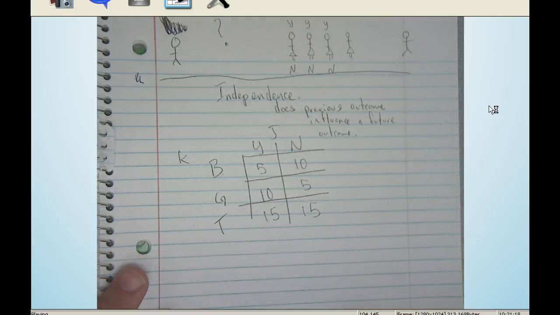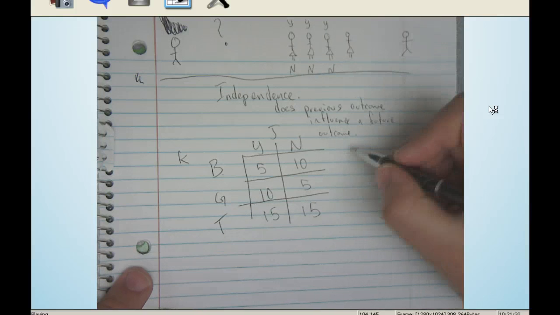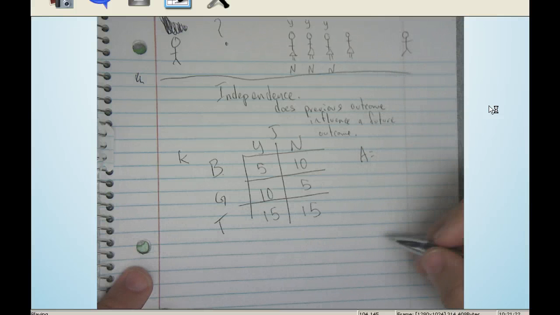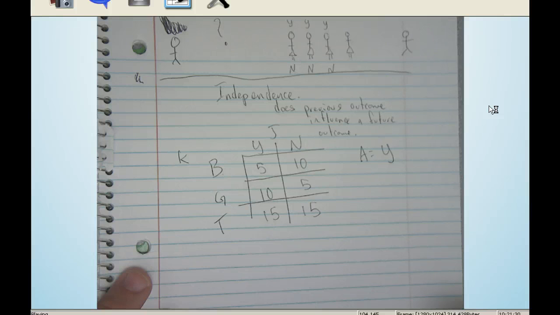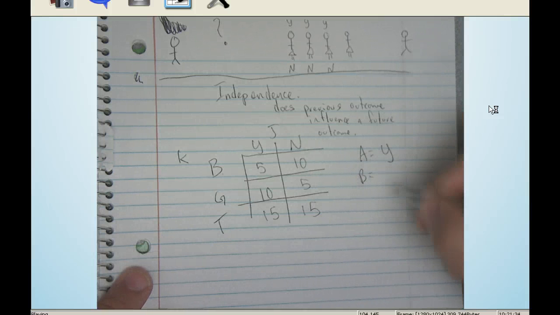So we're going to just say, let's define event A as, if we pick a student at random, the probability that they say yes, they have a job. And let's define event B as being that the person is a girl.